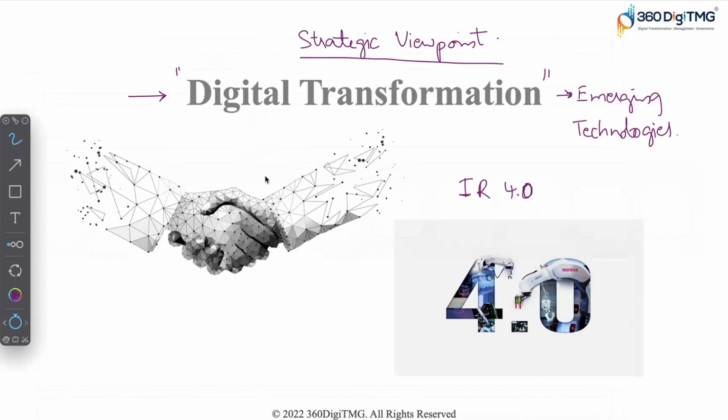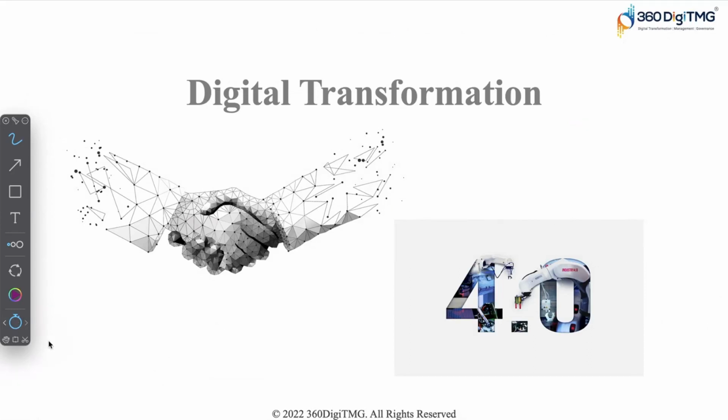Before even thinking about what techniques, what tools I need to use for digital transformation, you also need to have a strategic viewpoint on how to proceed further with digital transformation. So the business aspect of it, the business needs are extremely important.